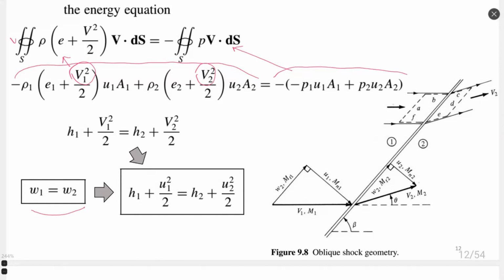We can see that as a result, we have the stagnation enthalpy definition on the left and on the right side, H0 on the left side, and the stagnation enthalpy on the right side of the shock wave, and it's equal. We see that stagnation enthalpy and, as a consequence, stagnation temperature does not change through the transition through the shock wave.